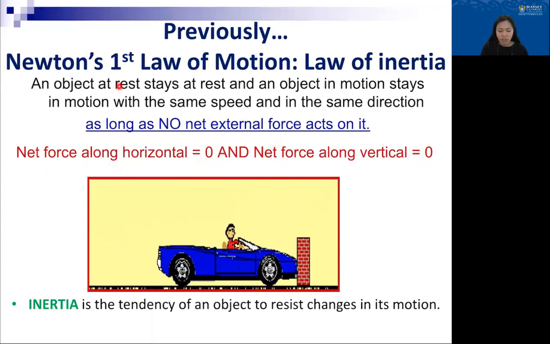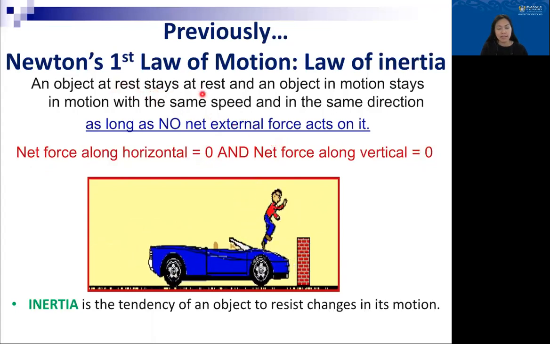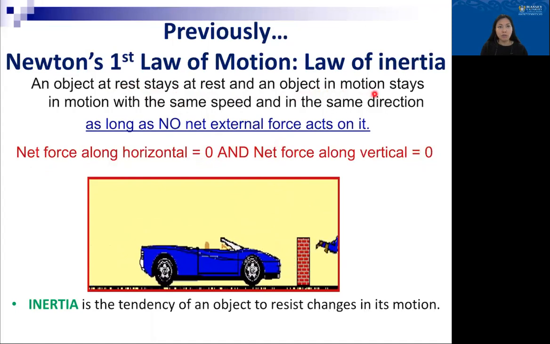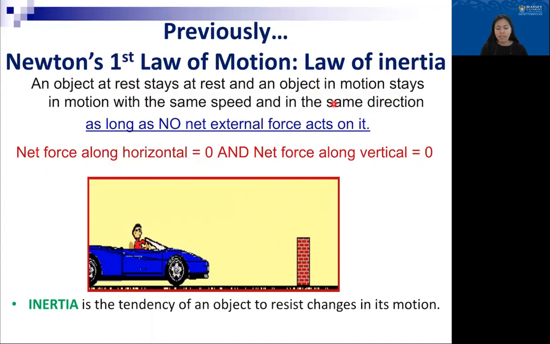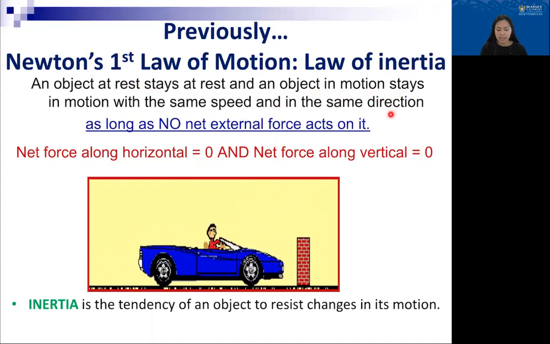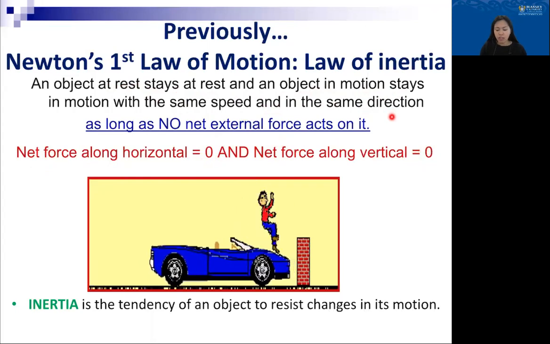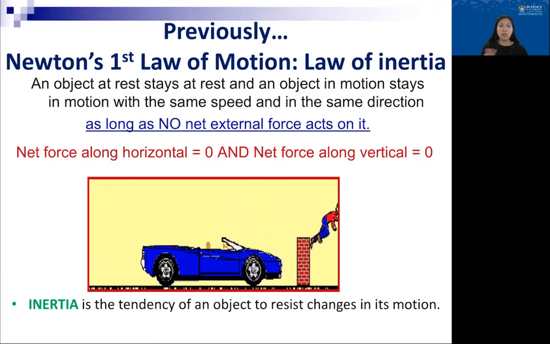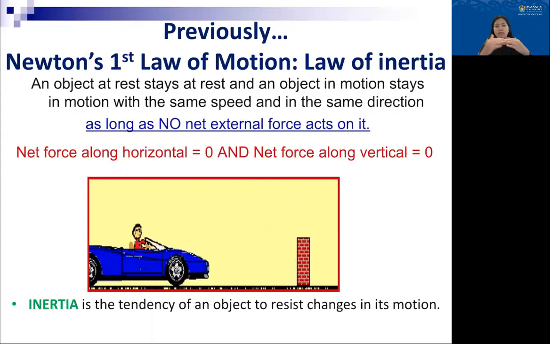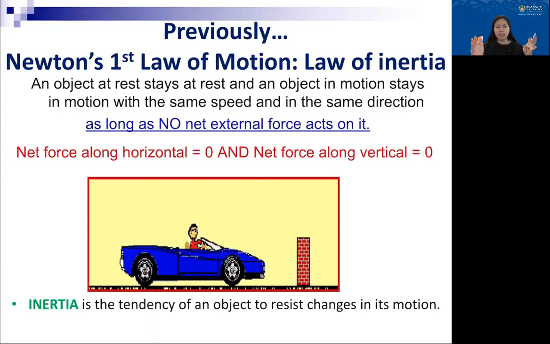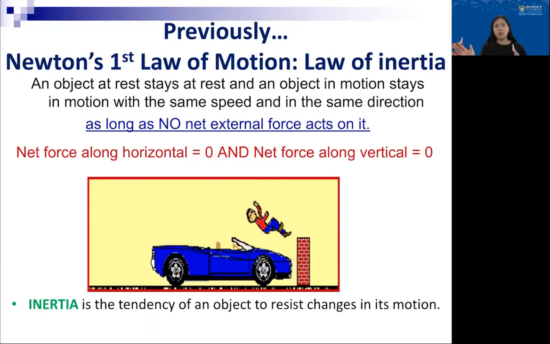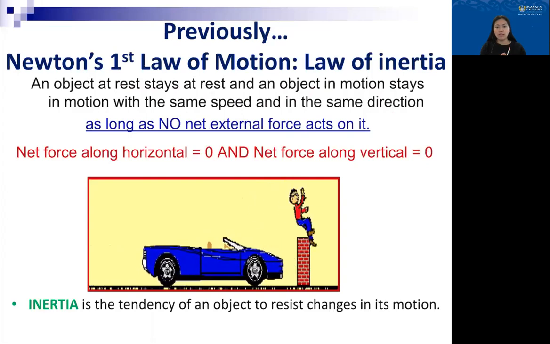If it's initially at rest, it will stay at rest. If it's initially moving, it will keep moving with the same speed and in the same direction. We looked at examples where the net force is 0 and the object remains at rest or moves with constant velocity, meaning 0 acceleration.